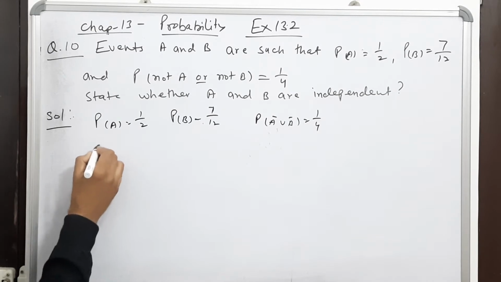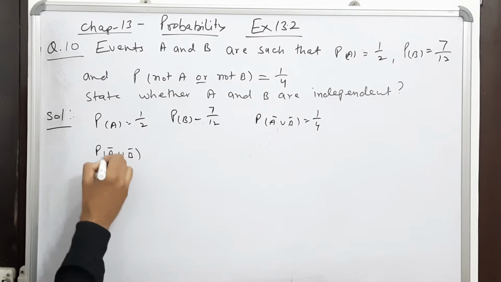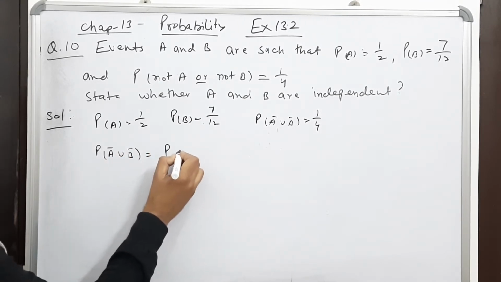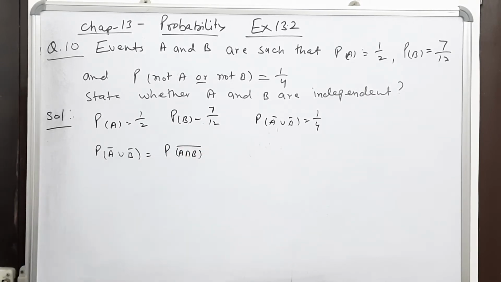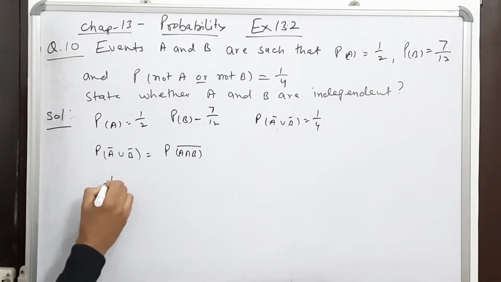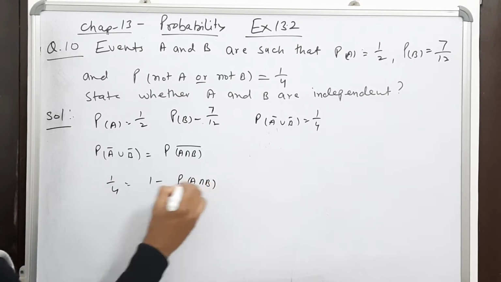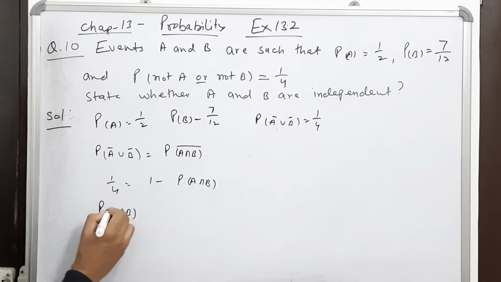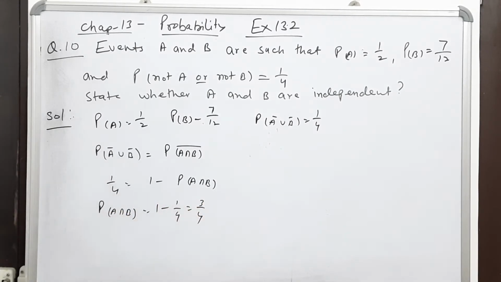Now P(not A or not B) is equal to P(A intersection B) whole complement. So 1 by 4 equals 1 minus P(A intersection B). So P(A intersection B) will be 1 minus 1 by 4, that is 3 by 4, by the formula.